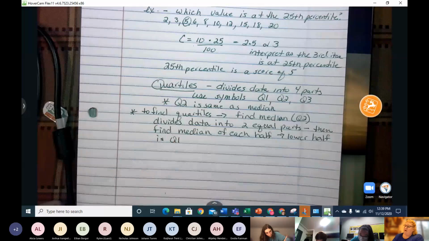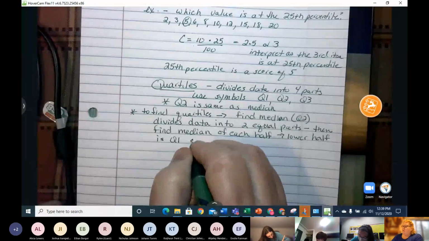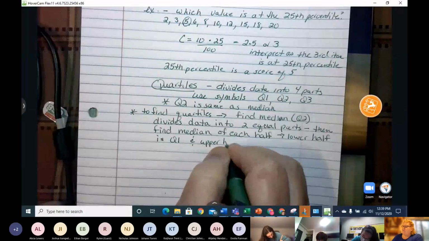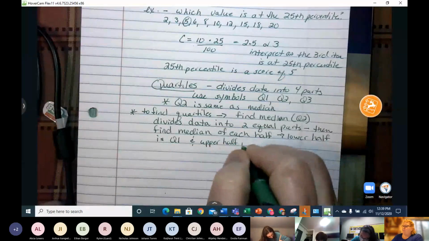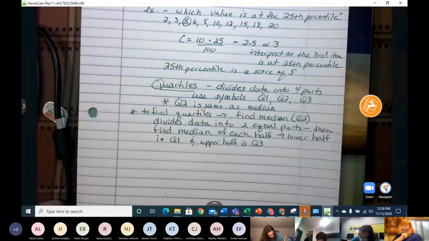So the lower half is quartile 1. And the upper half is quartile 3.